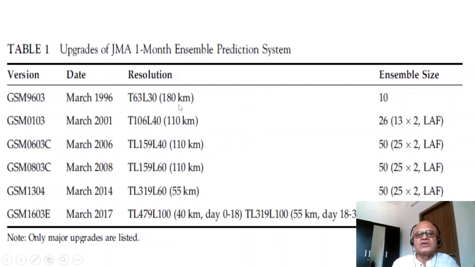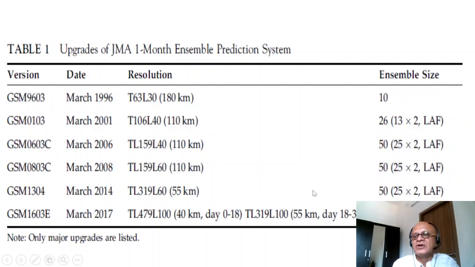Obviously that corresponds to a grid size, so gone from 180 kilometers down to 40 kilometers, and the vertical resolution also has gone from 30 levels in the vertical to now 100.